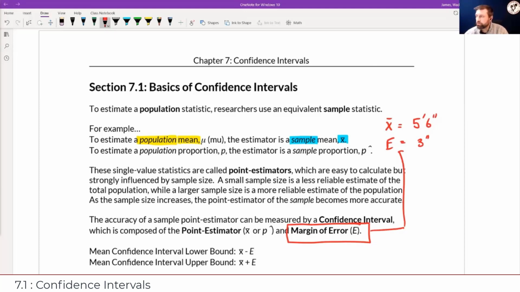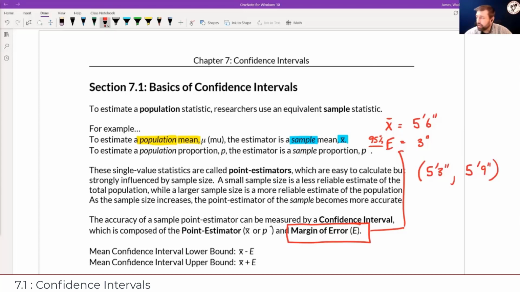And this margin of error is dependent on how confident I want to be. So if I want to be, let's say, 95% confident, then my margin of error shakes out to be about 3 inches. So that means my lower boundary is going to be 5'3", and my upper boundary is going to be 5'9".